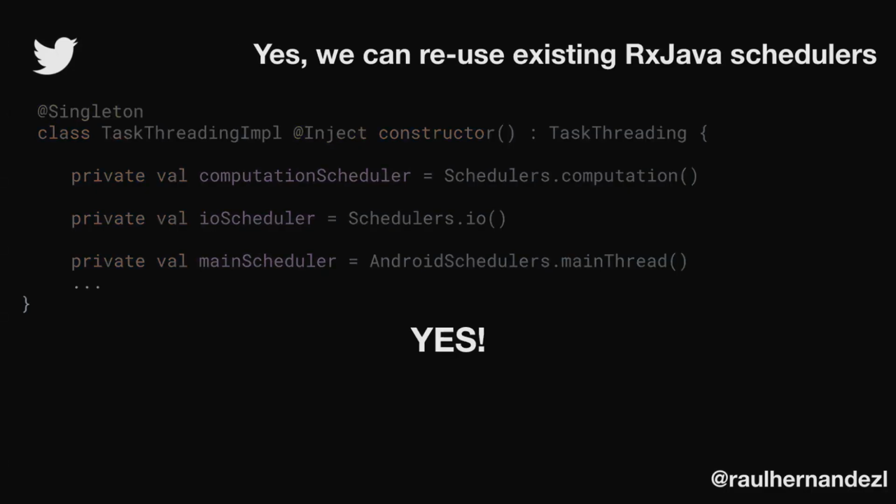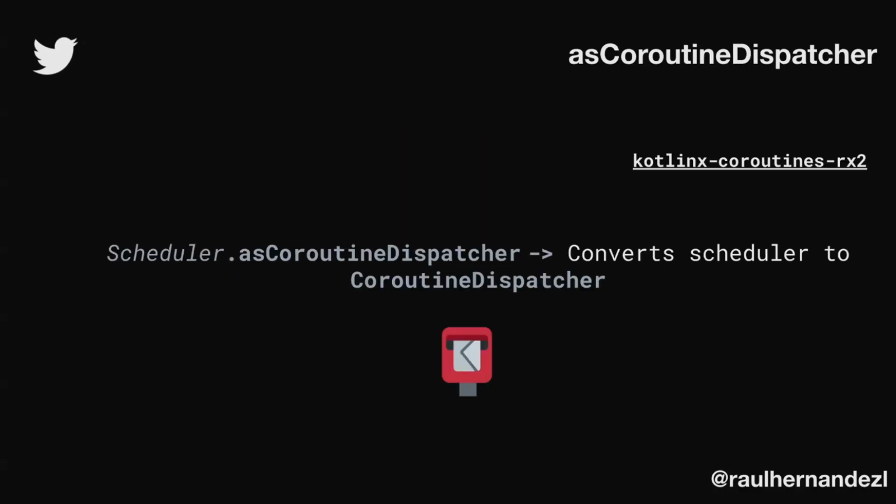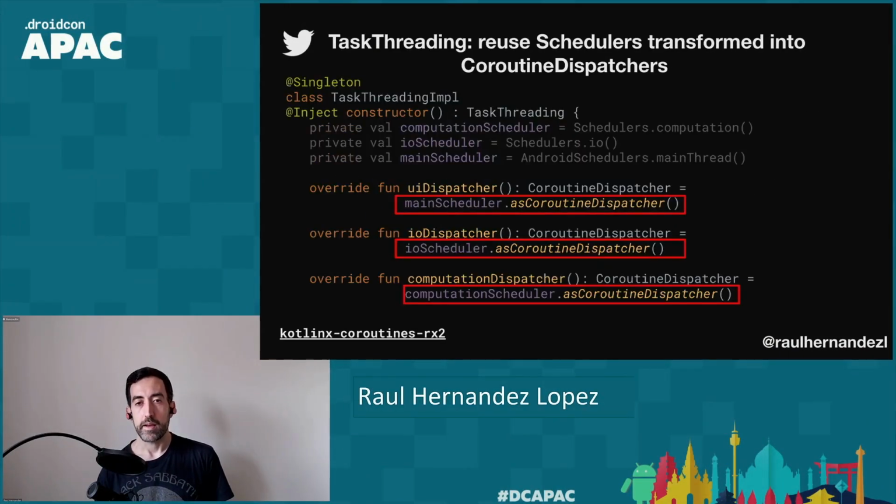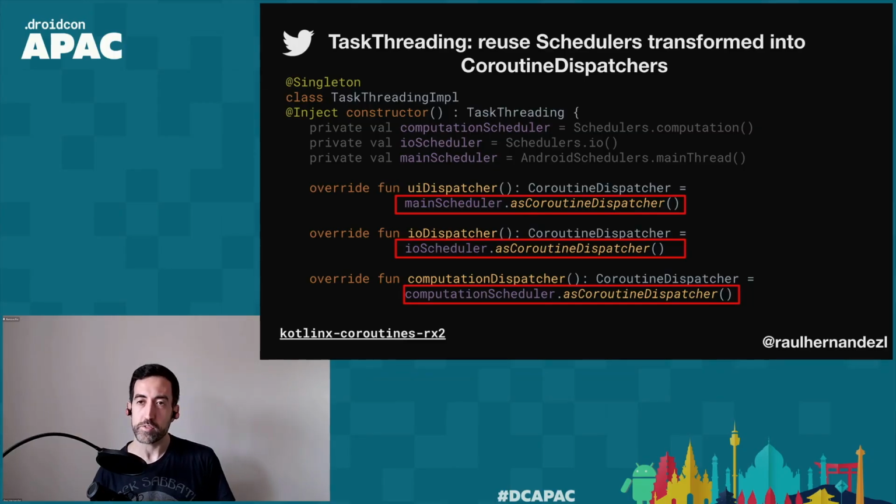That's absolutely possible. So what I did actually is to use, again, that library that I mentioned a moment ago. And by using asCoroutineDispatcher, I will convert those schedulers to use coroutine dispatchers instead. Then by having those, I can return the different types that I expected to have with the coroutine dispatchers, and then those can be used for my different flows and coroutines in general.